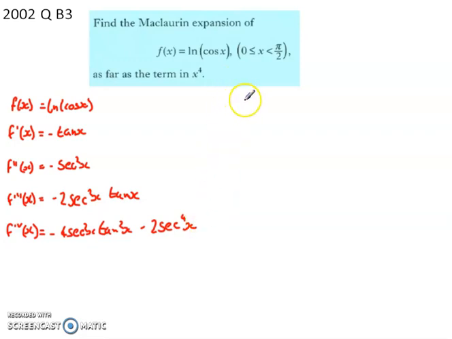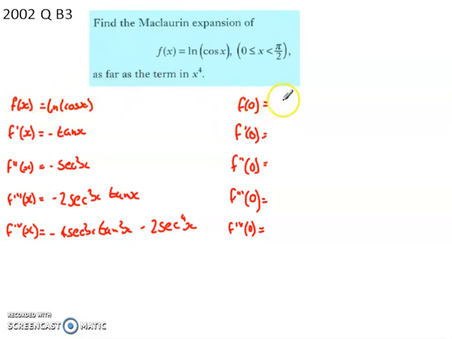Now for each of these, what I have to do is evaluate their value at 0, so when x is equal to 0. So I want f of 0, f dash of 0, f double dash of 0, the third derivative at 0, and then the fourth derivative at the value where x is equal to 0. Now, if I look at all of these, ln cos x, so x is 0, cos of 0 is 1, so I then look for ln of 1.